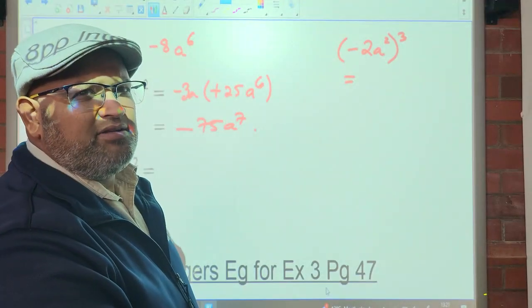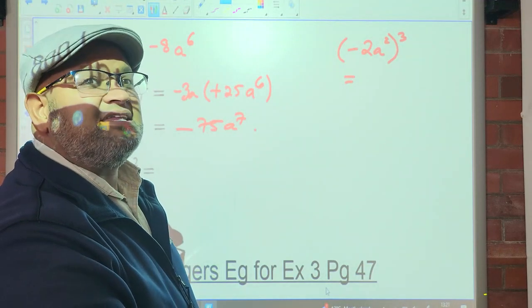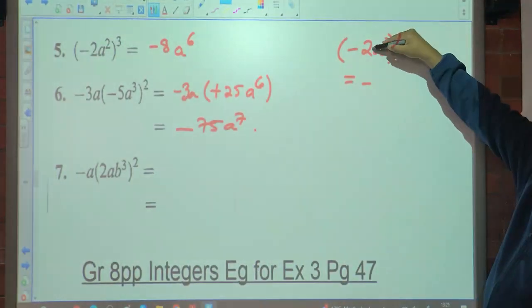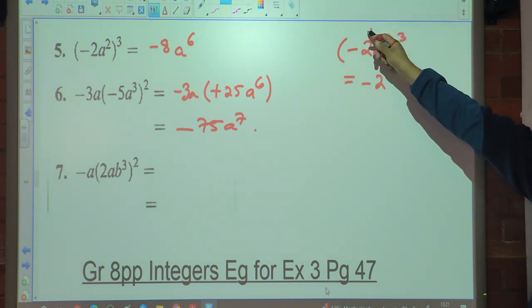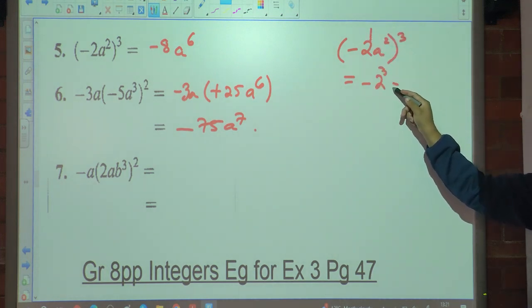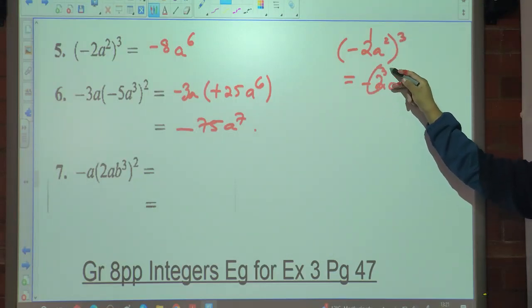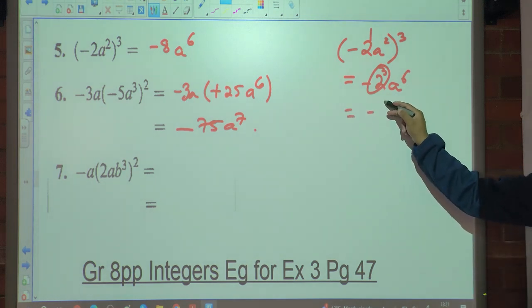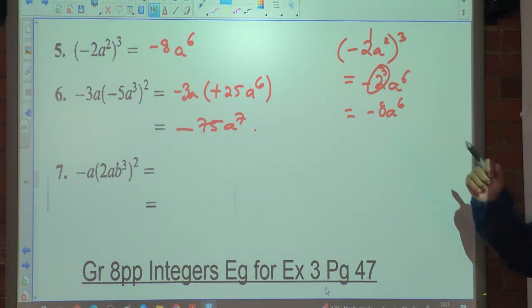Negative. Now you must remember there's a 1 on that 2 there. So it will be 2. What's 1 times 3? 3. A. 2 times 3? 6. What is 2 cubed? 8. Negative 8a6. What don't you understand?